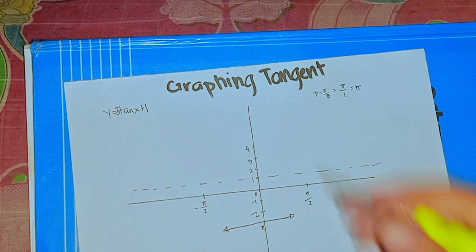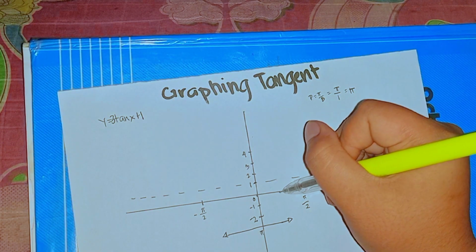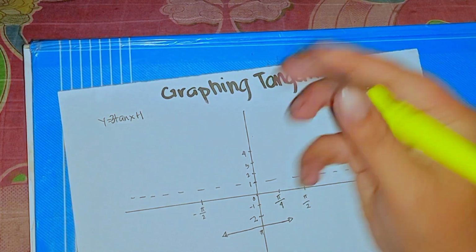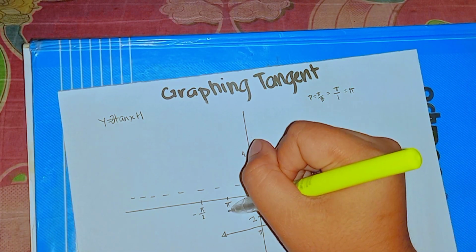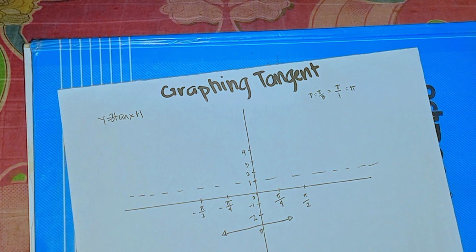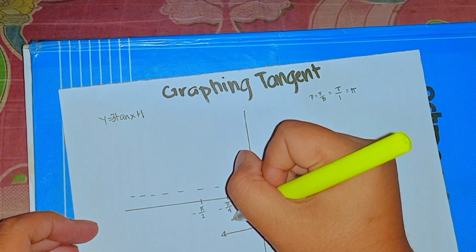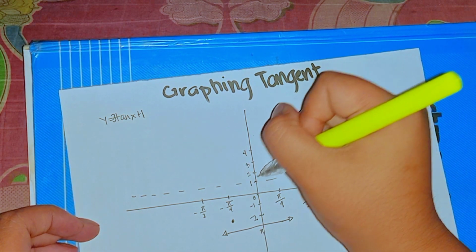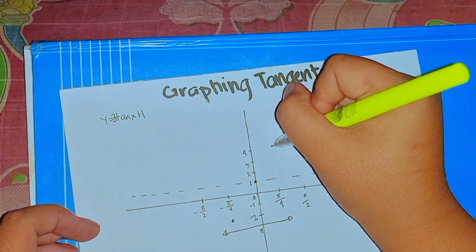So now let's put pi over 2 divided by 2, which is equal to pi over 4. Let's put another period. Then pi over 4 negative. The first point is here, and at the midpoint, we have the upper line.